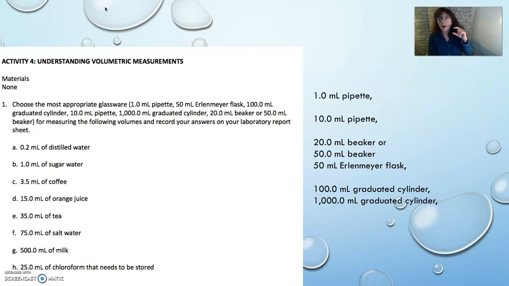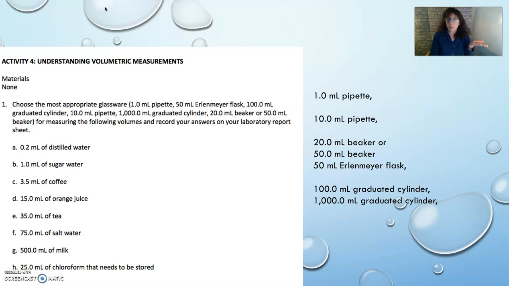You don't want your measurement to equal the exact maximum volume of your glassware, because then you're right up to the top and you may find that you're not getting as accurate a measurement as if you were able to see the ticks more precisely at a lower level.